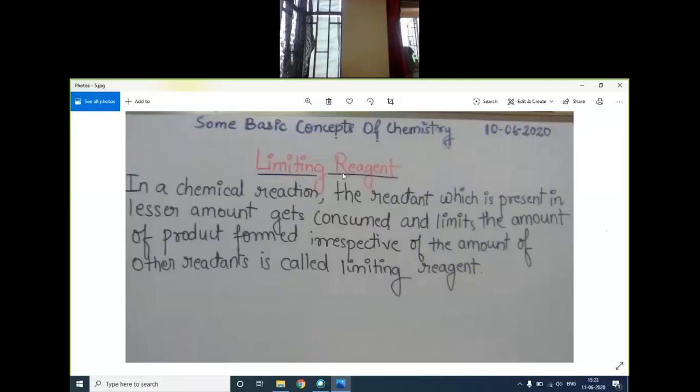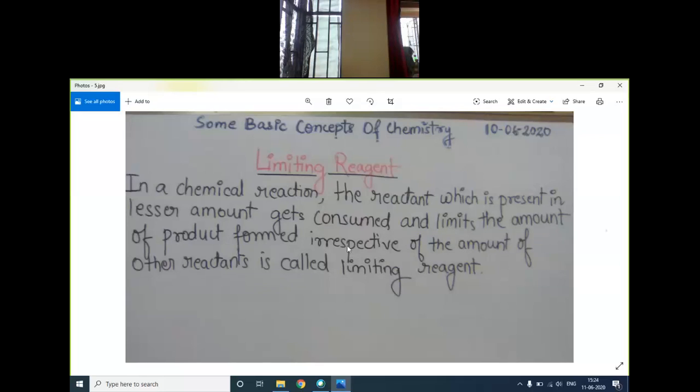Limiting reagent means that reagent is going to limit the amount of product that is going to be formed through a chemical reaction. So what is limiting reagent? In a chemical reaction, the reactant which is present in a lesser amount gets consumed, and as it gets consumed, it will put a limit on the amount of product formed.